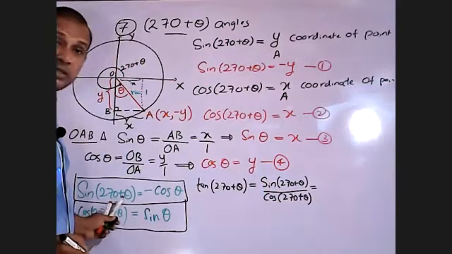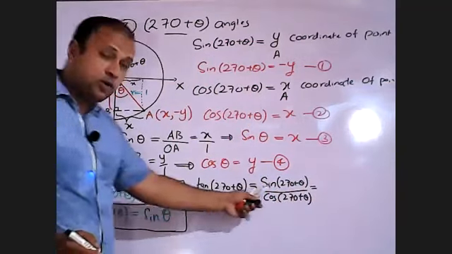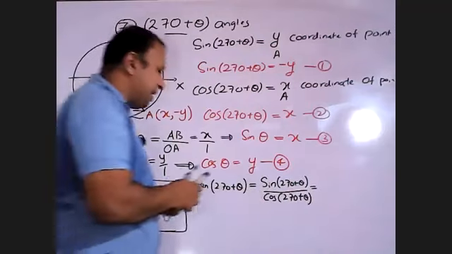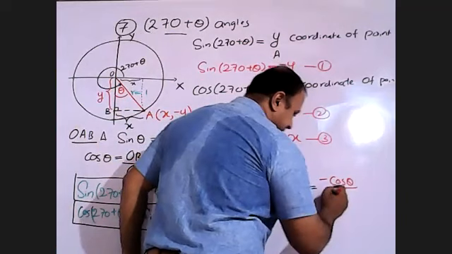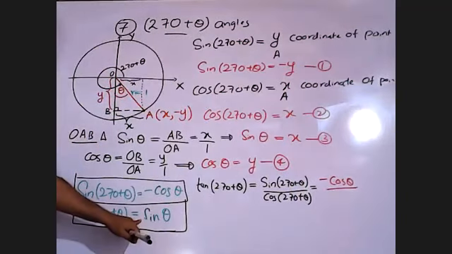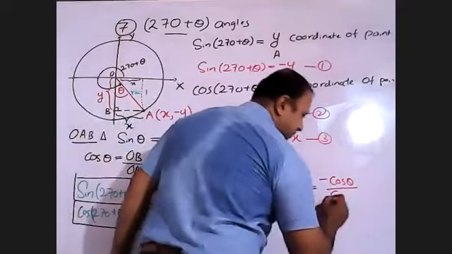You know this value. Sin 270 plus theta is equal to minus cos theta, and cos 270 plus theta is equal to plus sin theta.